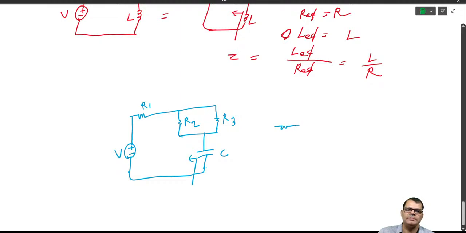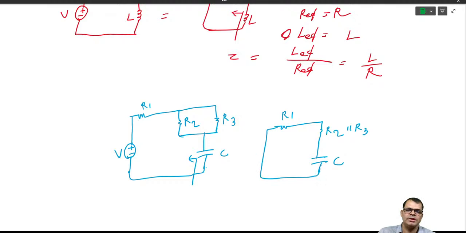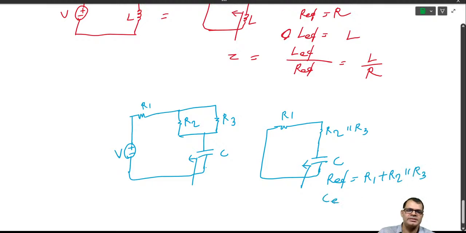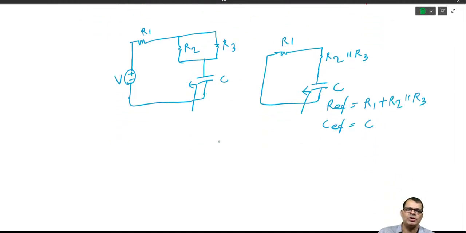That means the circuit is simply C parallel with R2 parallel R3, this is your R1, this is your C. Seen from the capacitor, R equivalent will be R1 plus R2 parallel R3, and C equivalent is equal to C. So the time constant is R equivalent times C equivalent, that is C into R1 plus R2 parallel R3.